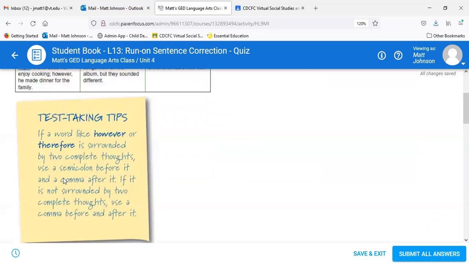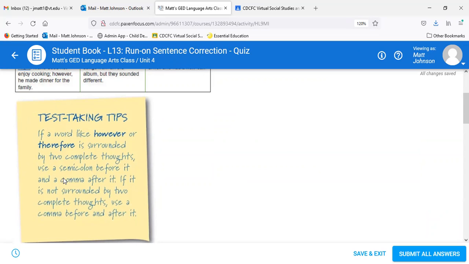So it's just something that you can use as another tool instead of but all the time. If you're running into an idea where it feels repetitious, where you're using the same words, that's another word that you can add to your toolbox. Therefore, you can also put that at the beginning of a sentence, right? But you would also set that off with a comma if it's at the very beginning of a sentence.